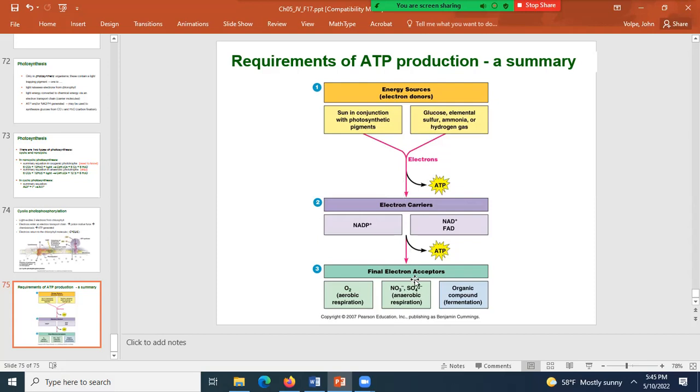The final electron acceptors can also vary. In aerobic respiration, the final electron acceptor is oxygen. In anaerobic respiration, the final electron acceptor is a molecule other than oxygen. And in fermentation, the final electron acceptor is an organic molecule. For photosynthesis, the final electron acceptor is actually the chlorophyll.